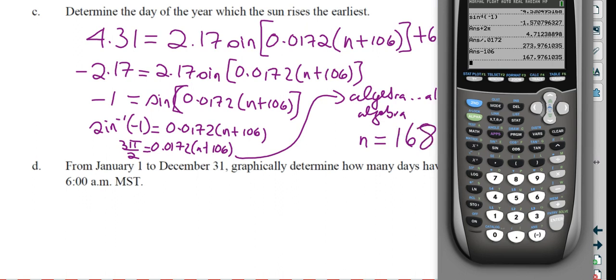On the 168th day of the year. Hey, sir, what's the 168th day of the year? Use your iPhone, sir. You are useless. Somebody get out their Android phone and figure out what the 168th day of the year is. Hey Google, what's the 168th day of the year?